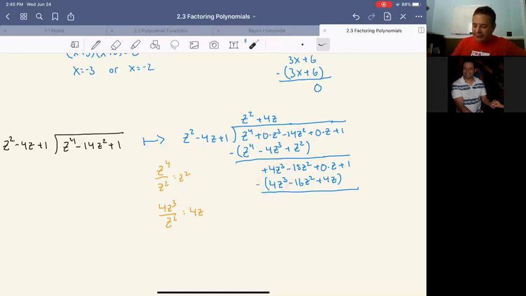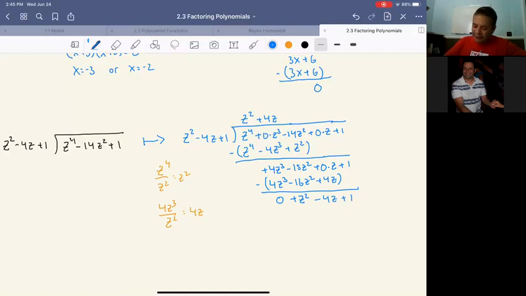Okay, the leading term disappears. Otherwise, you're not really doing it. Okay, if that leading term doesn't become 0, then something is wrong. Okay, now let's be careful. Negative 15, this is going to be plus 16, so it's going to be a positive z squared. Okay, minus 4z plus 1.